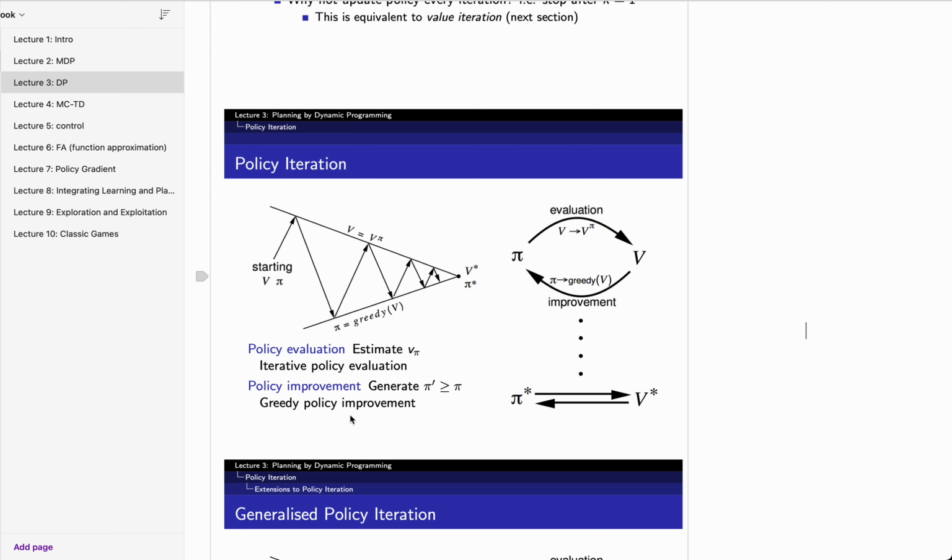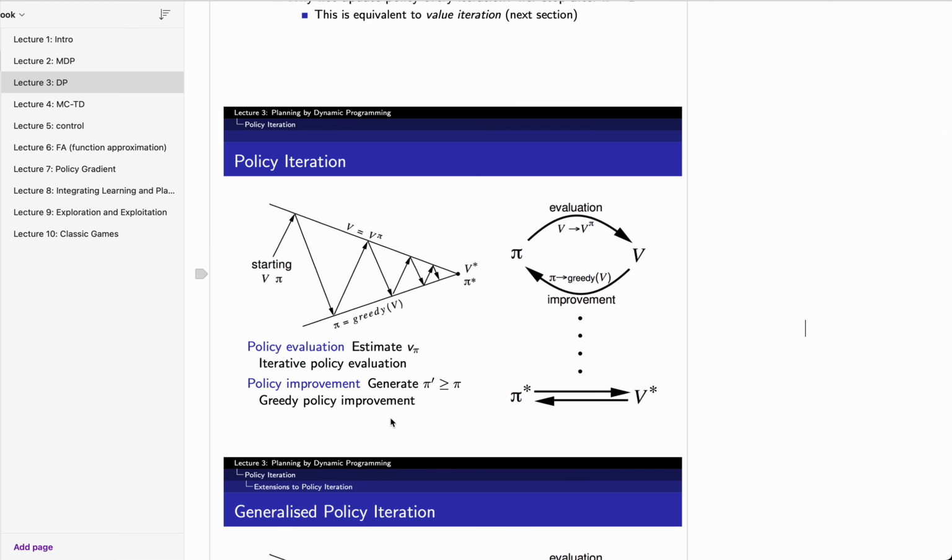So here it's using a greedy policy. So basically I'm just comparing the next state value functions, using a max function. It's called a greedy policy, to find out what is the next best policy.